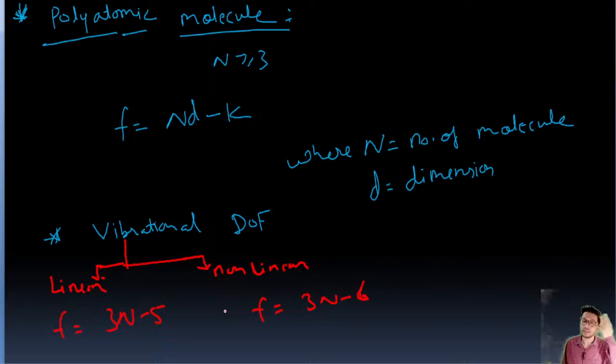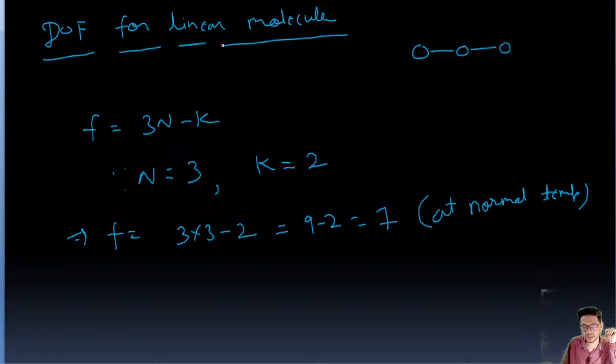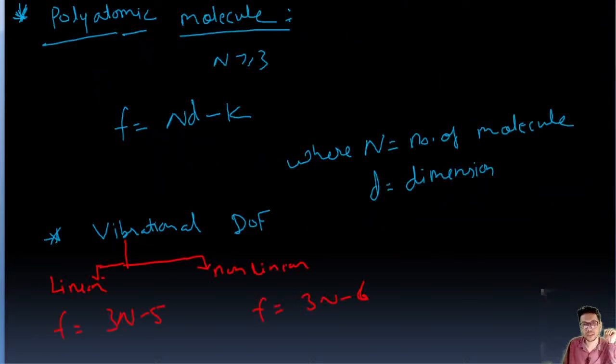This formula is the vibrational degree of freedom for linear and non-linear molecules. So if you talk about vibrational degree of freedom, then it is 3n minus 6 for non-linear and 3n minus 5 for linear. Okay guys, I'll stop here.